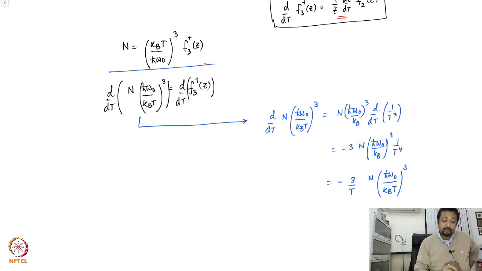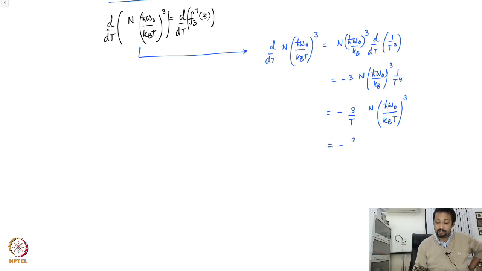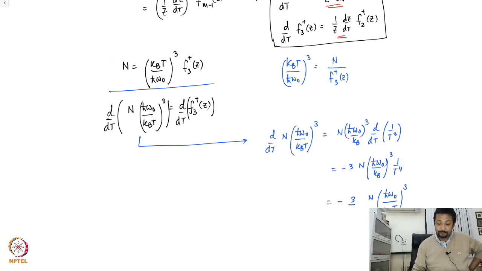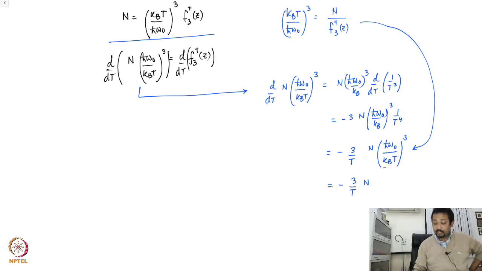But if you look at this expression, then (kBT over h bar omega naught) whole cube is going to be N divided by F3 plus of Z, and therefore you have the answer minus 3 over T times N, noting that what I have here is just 1 over this value, so that this gives me F3 plus of Z divided by N, and this answer is minus 3 over T F3 of Z.